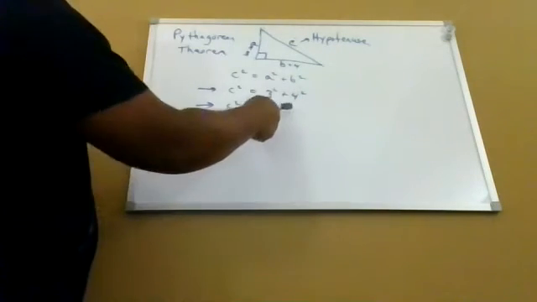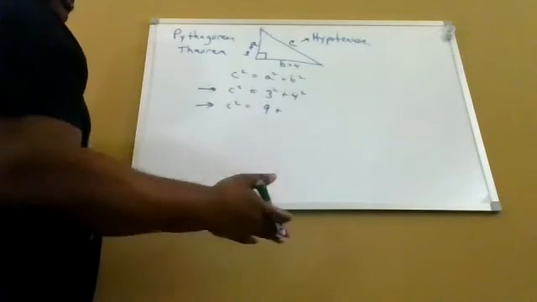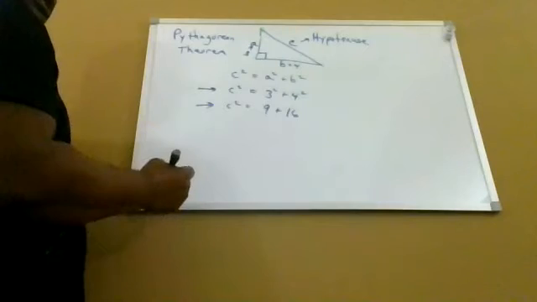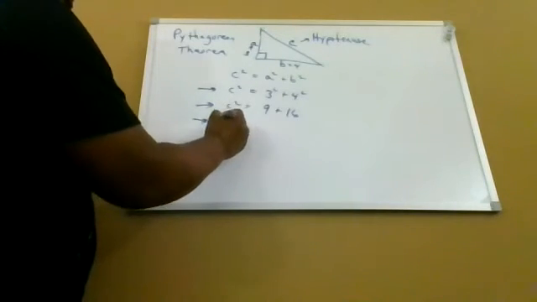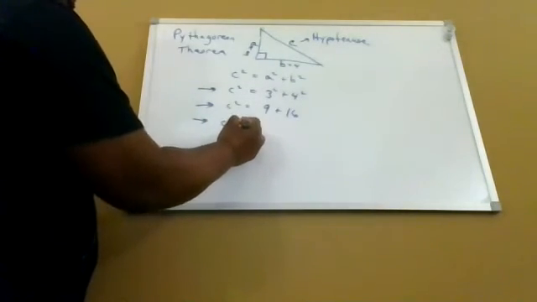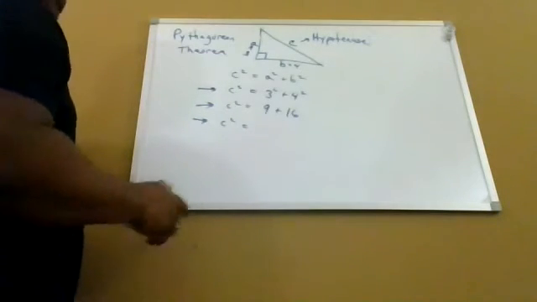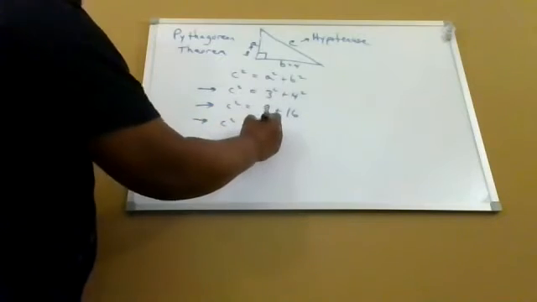And next we have 4 squared, which is 4 times 4, which is 16. Okay, on our next line, bring down our C squared. And that's equal to 9 plus 16, which equals 25.